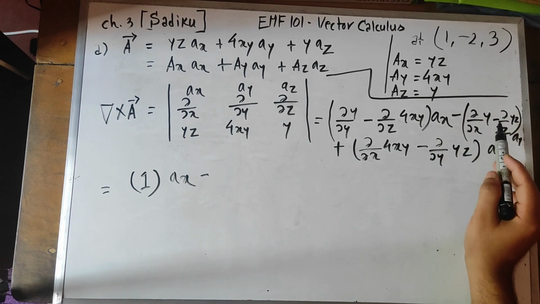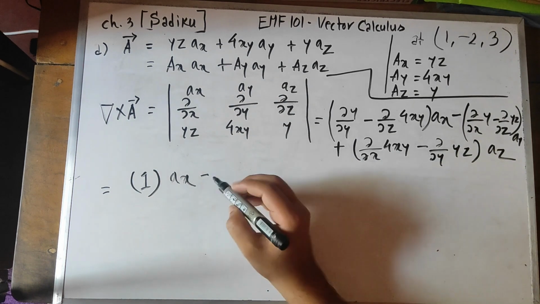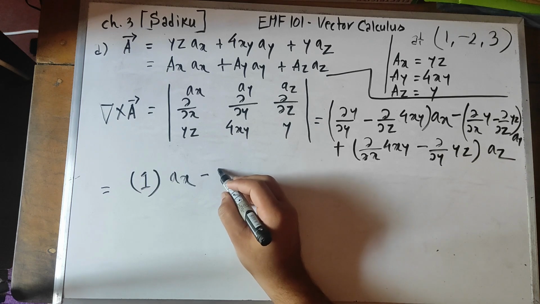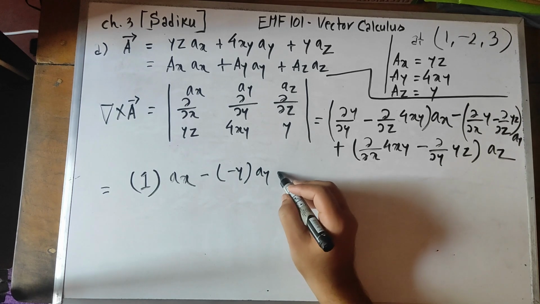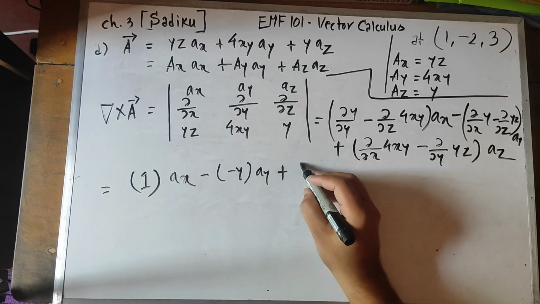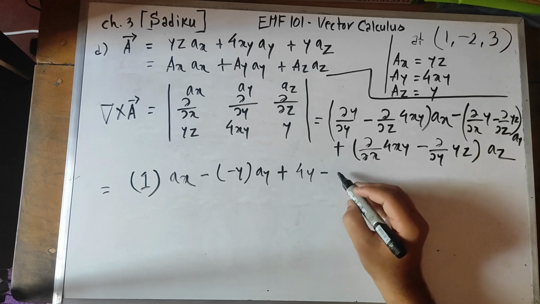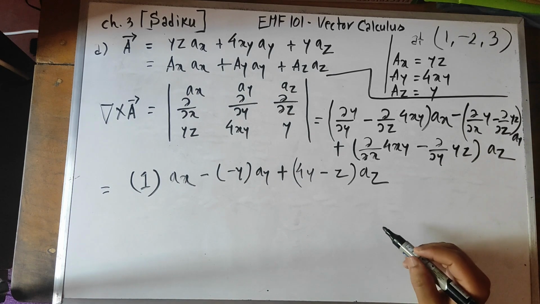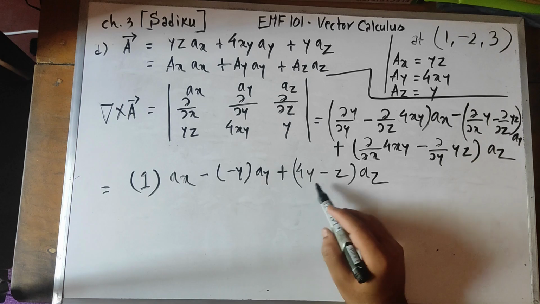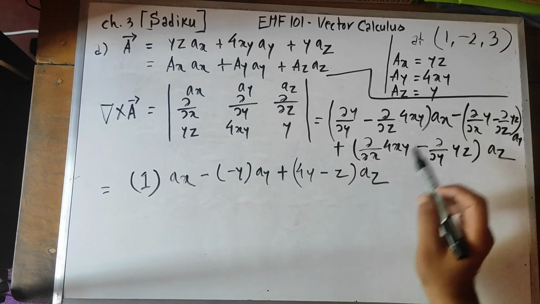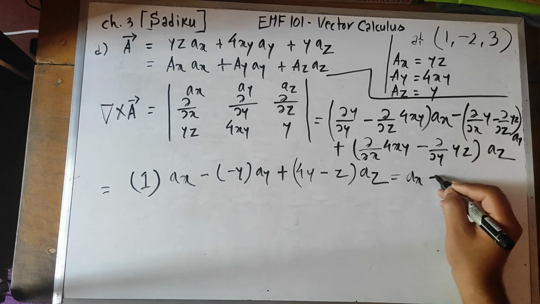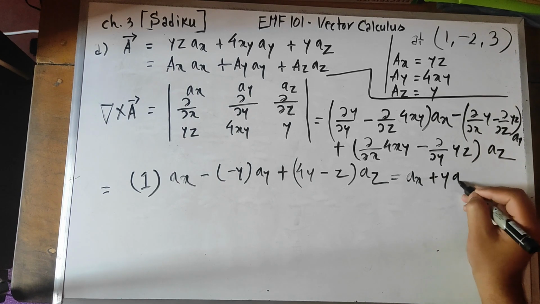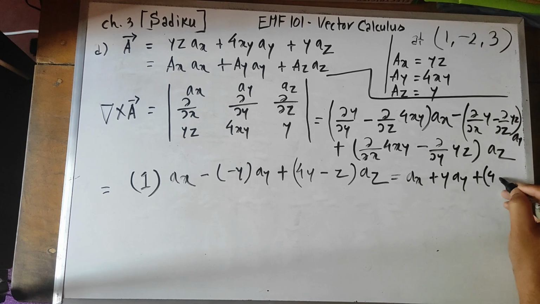Now minus, here 0 and this is y, so minus y ay plus here 4y minus, so this is 4y minus z in the direction az. Now this is the curl: ax minus y ay plus (4y minus z) az.